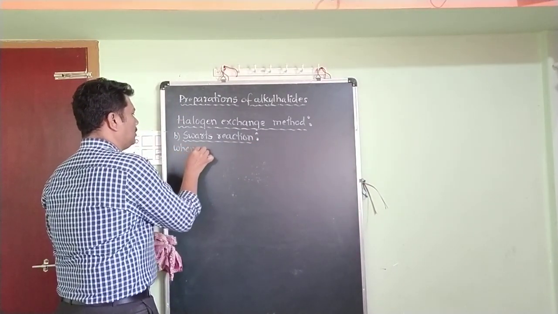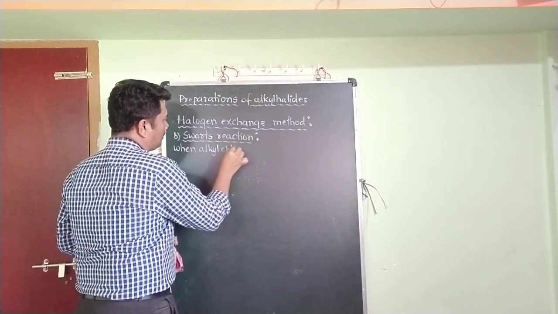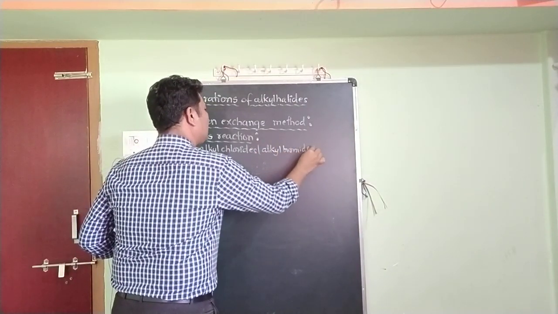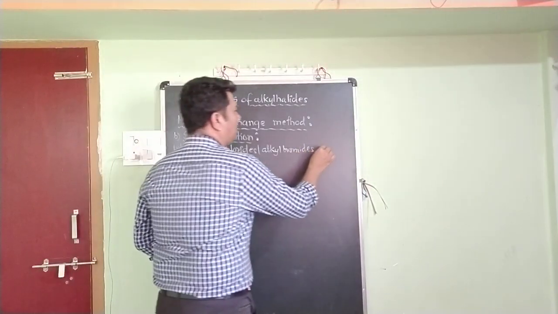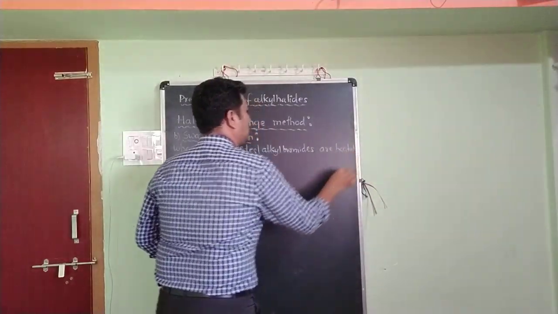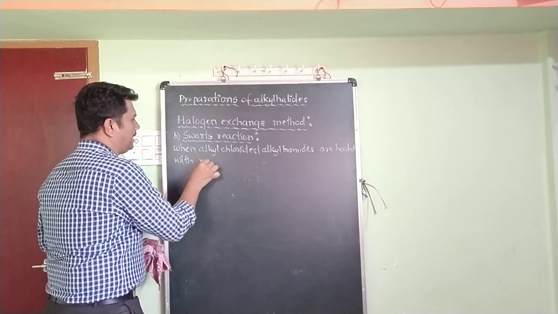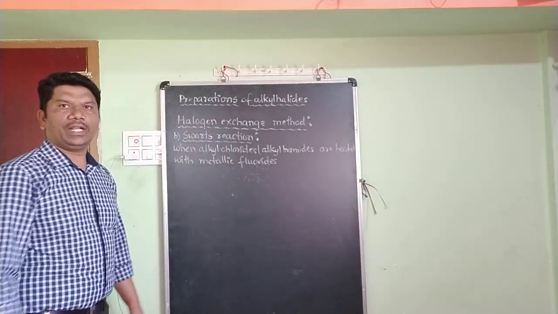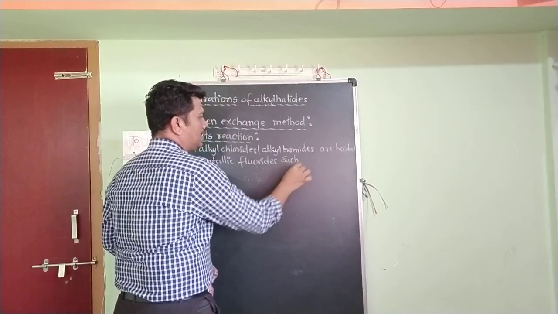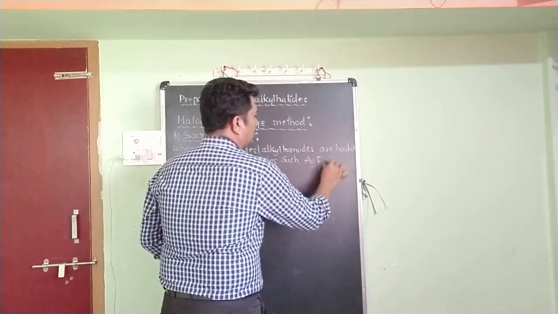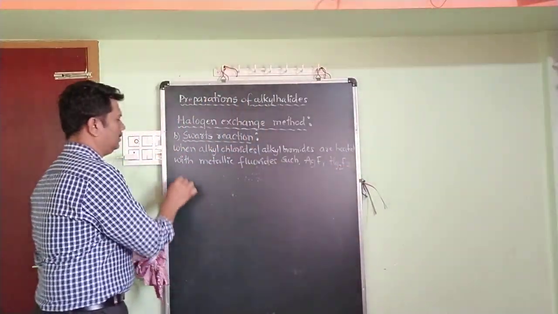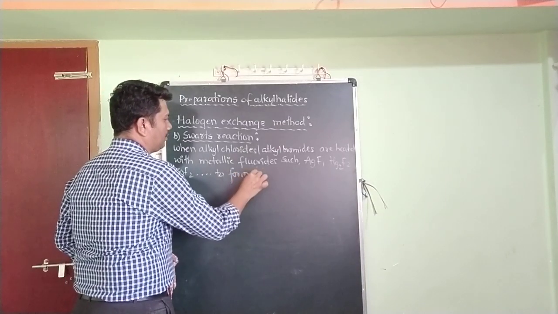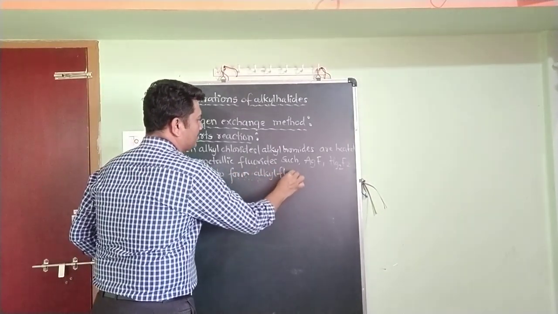When alkyl chlorides or alkyl bromides are heated with metallic fluorides such as silver fluoride, mercuric fluoride, cobalt fluoride, like that, to form alkyl fluorides.